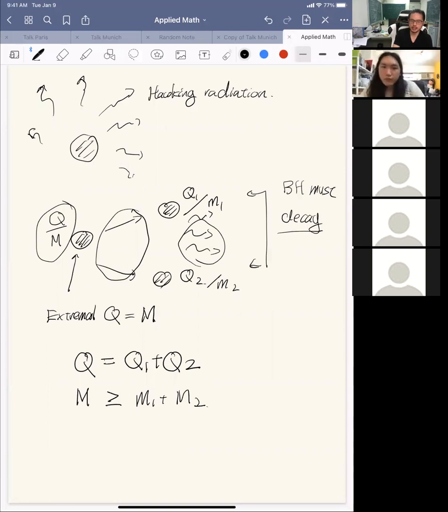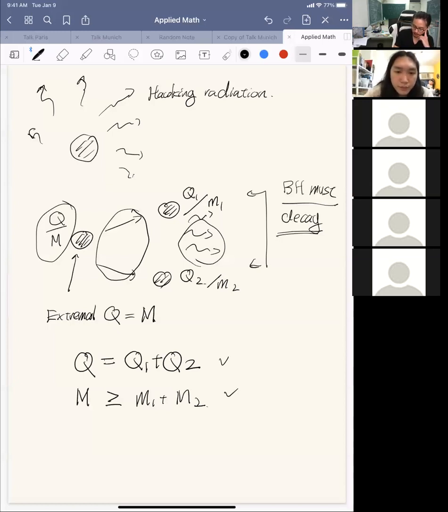Then that means your Hilbert space is non-normalizable because you have an infinite number of stable states that don't decay, and that will be problematic. So basically, we take it that black holes must decay. Then you see the problem. You need to find these solutions.